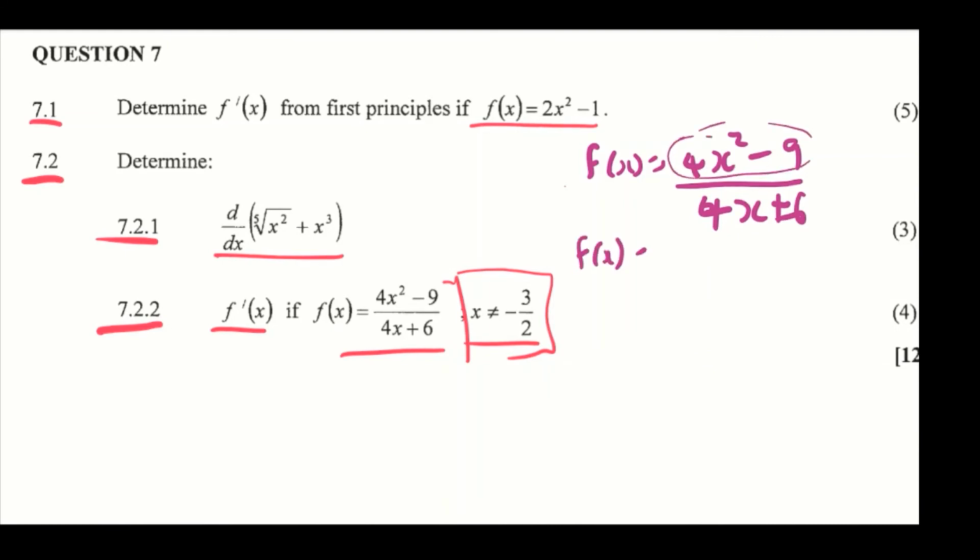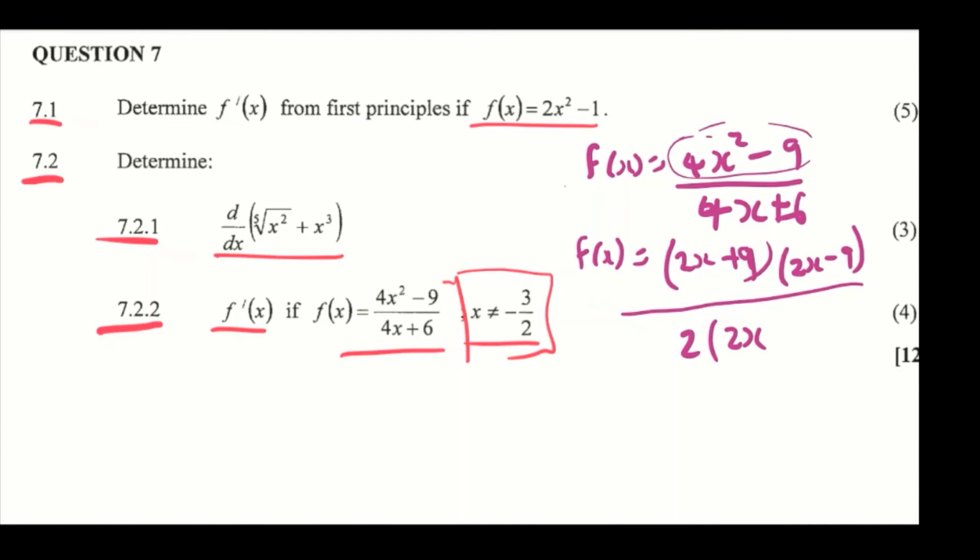So f of x is equal to 2x plus 9. We can see that it's the difference of two squares, right? And 2x minus 9, right? And then at the bottom we can factorize 2, so that we are remaining with 2x plus 3, right? And I just made a mistake here. I indicated 9 when I'm supposed to write 3, because of the difference of two squares.